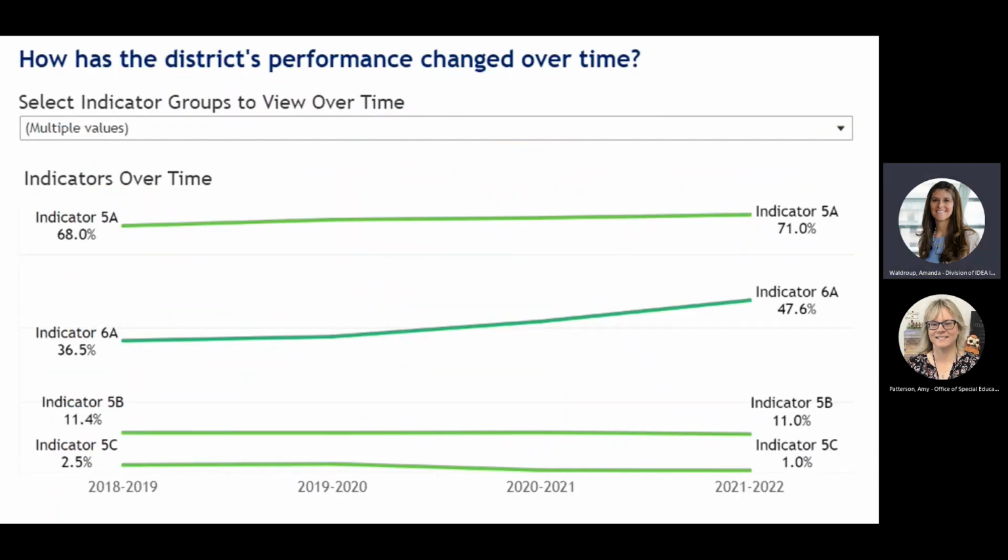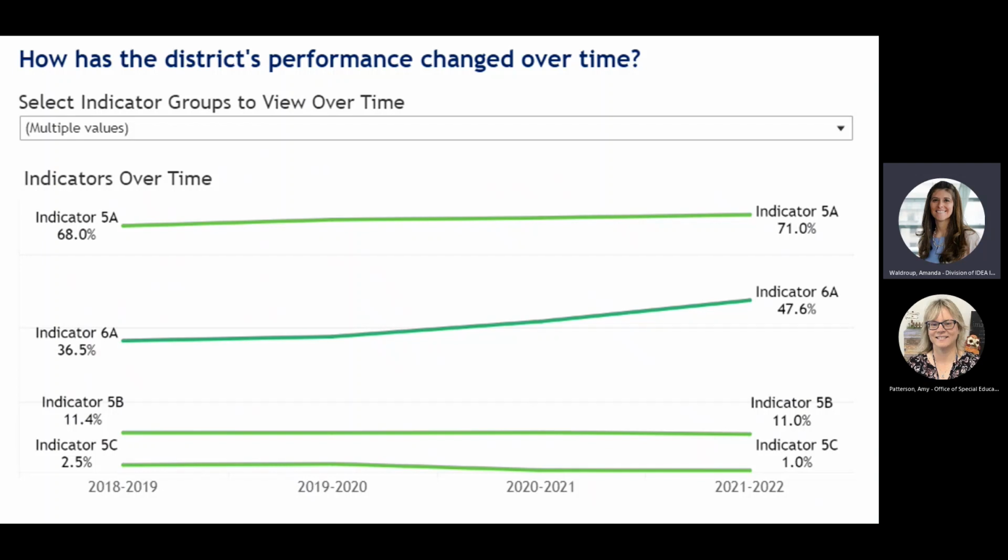And then this is a view that allows you to look at targets or at percentages over time. So you can see that this particular district or CERTAC or RTC for indicator 5A went from 68% to 71%.